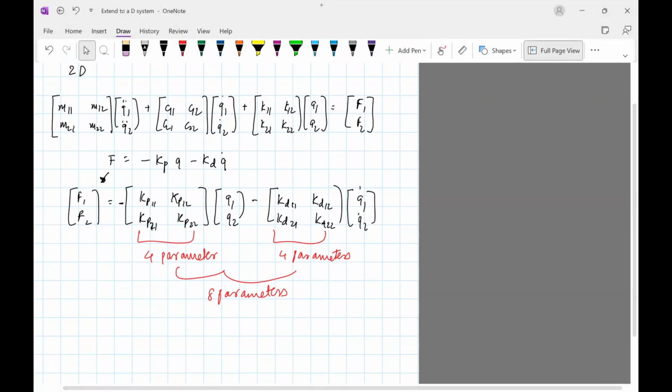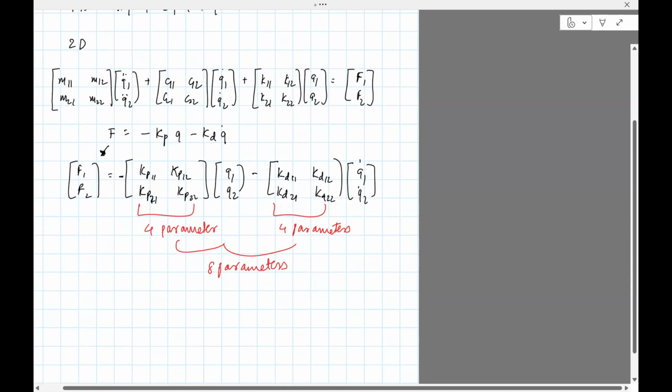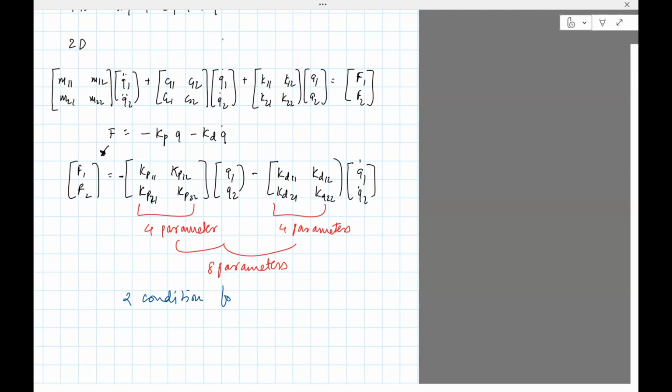Since the system has 2 degrees of freedom, we would have 2 critically damped conditions. That is, the first equation, Q1, should be critically damped, and the second should be critically damped. So we have to make a choice of 8 parameters, but there are just 2 conditions. In other words, there are 2 equations, but 8 free parameters.